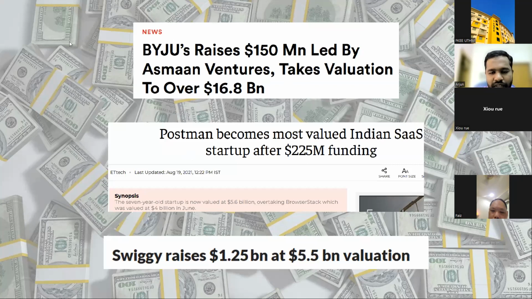Then Postman, another company, became the most valued startup after $225 million funding. If you just go and type in Google about any company, you can see what sort of valuations the companies have, what sort of funding the companies have raised, and things like that.